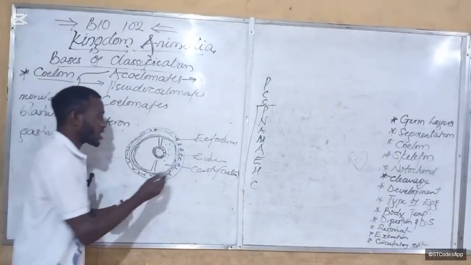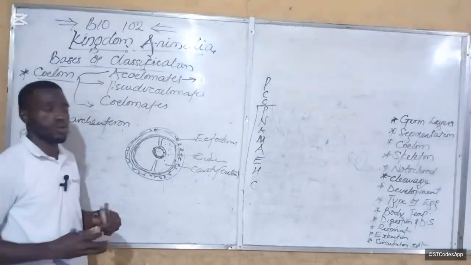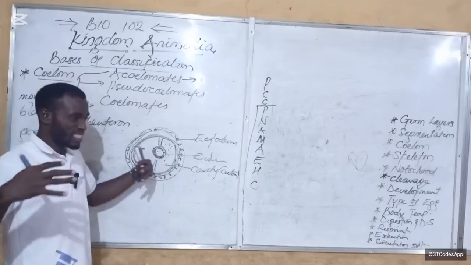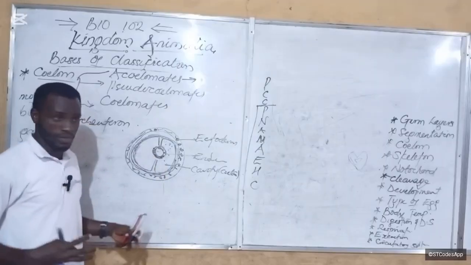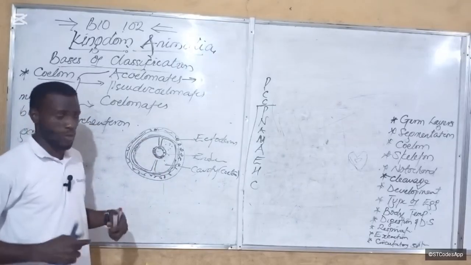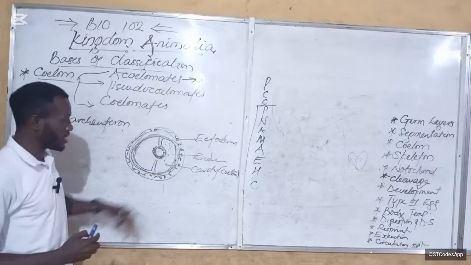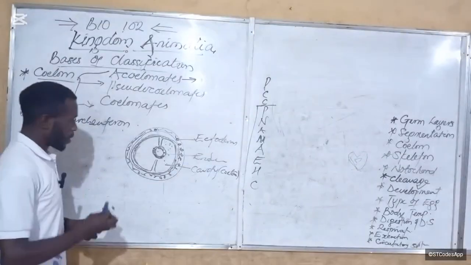And of course, this cavity also makes it possible for larger size in organisms, especially chordates. That's why chordates have large body size, okay, because of the coelom, all right?